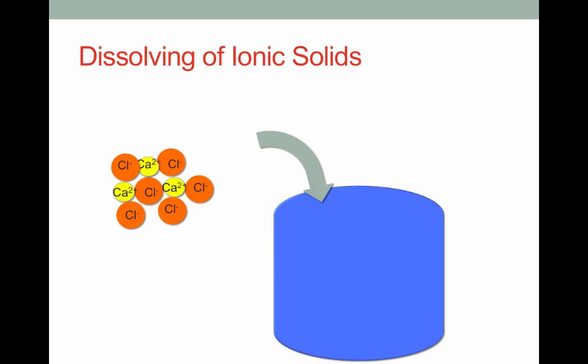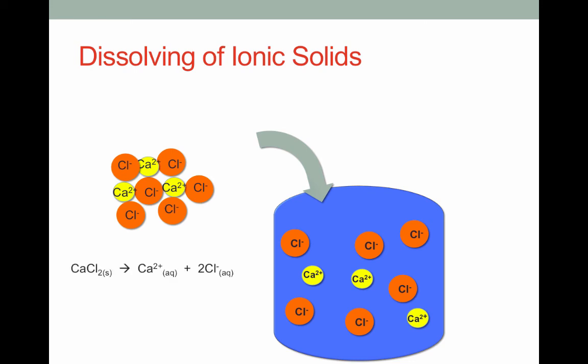Here's a crystal of CaCl2. Here, the ions are combined in a 2-to-1 ratio. Therefore, when they dissociate in water, we get 2 chloride ions for every 1 Ca2+ ion. Notice here there are 3 calcium ions and 6 chloride ions. Therefore, the dissociation equation here would be a bit different.